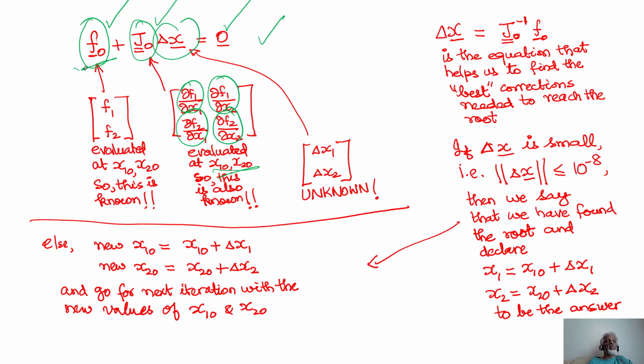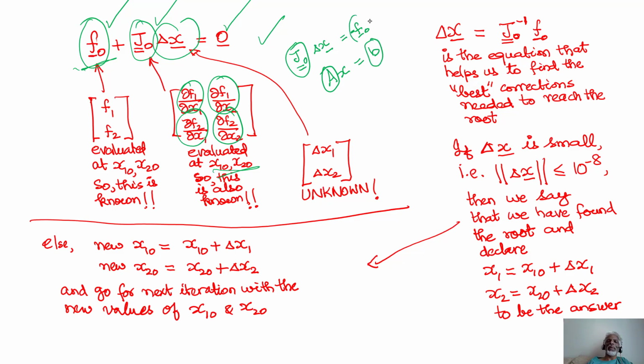Look, this is a linear problem. I can arrange this as J naught delta x is equal to minus f naught, right? I'm taking this f naught to that side, so this is what it is. This is very similar to the problems that we have been learning in the past. Ax is equal to b. So this A is a coefficient matrix. Here it's the Jacobian matrix evaluated at the current guess values of x1, x2, x3, etc. B is the right hand side vector.